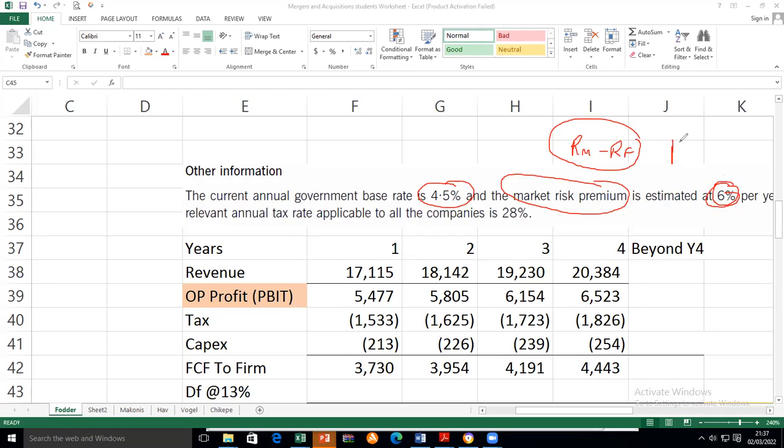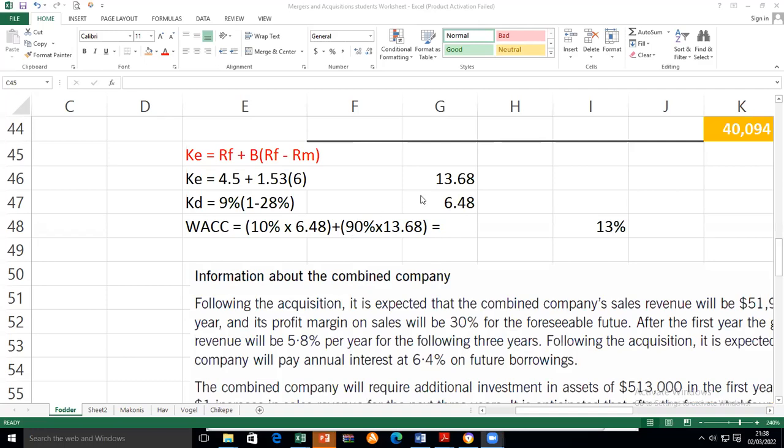And the beta of this company, the equity beta of this company, as we saw there, it was 1.53. Are we all happy with the cost of equity? So this is our cost of equity.